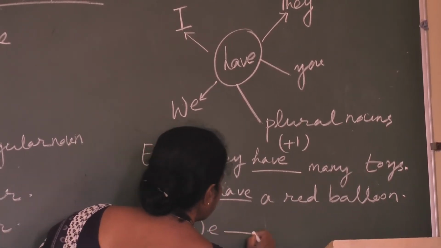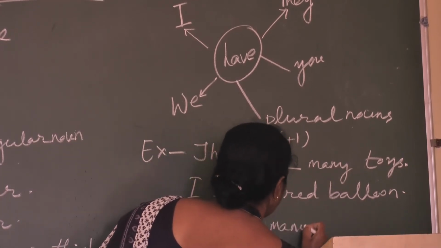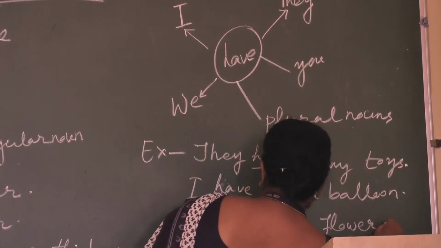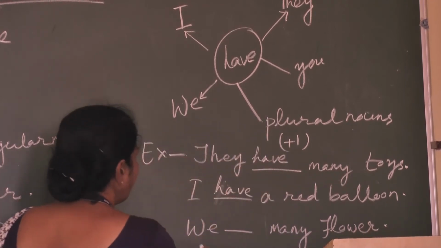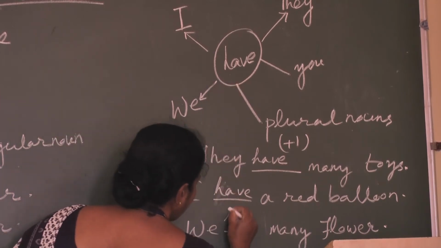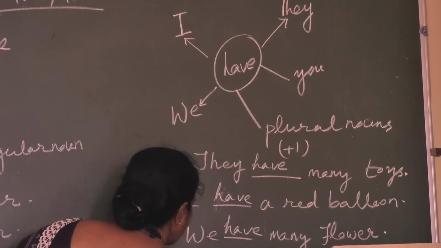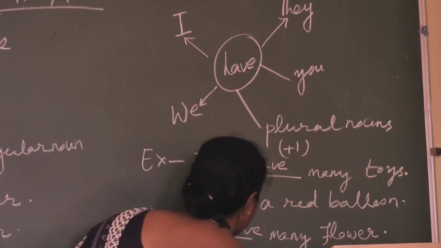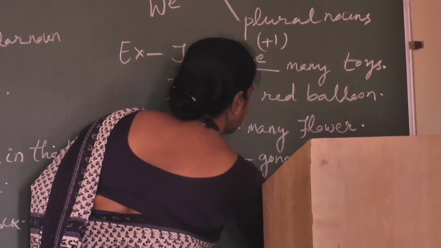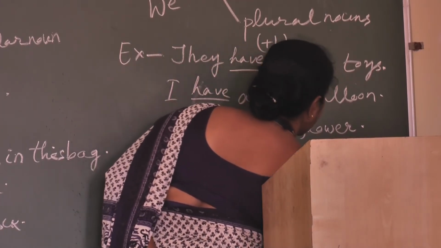We dash many flowers. See children, for we we use have. So, you have to write here have. You dash gone to the market.